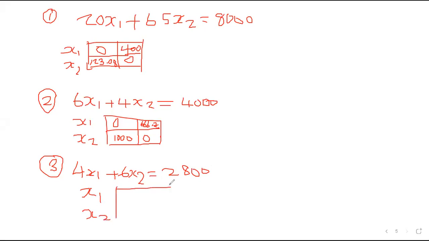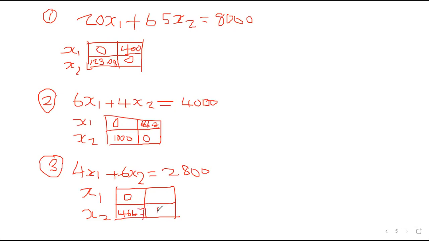So what are we saying? We are simply saying, if our x1 is 0, our x2 is actually equal to 466.4.7.